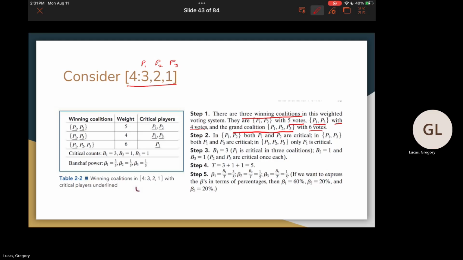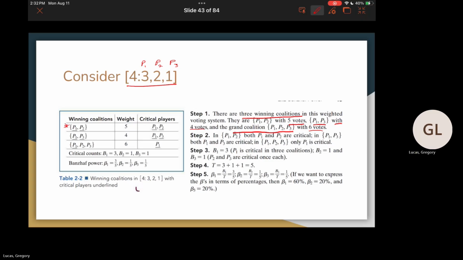Okay. So now let's consider if someone didn't show up, would they be critical? In my first case, player 1 and player 2, so I'm looking right here now. If player 1 and 2 vote together and one of them decides not to show up, doesn't matter which one, you wouldn't have 4.